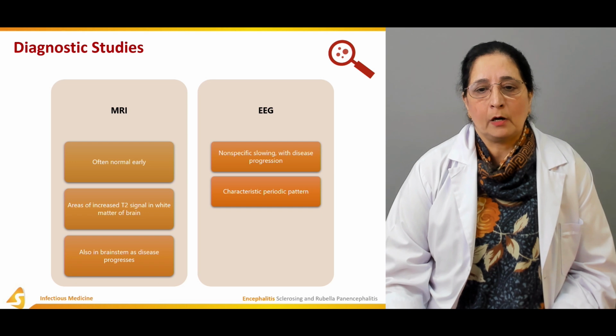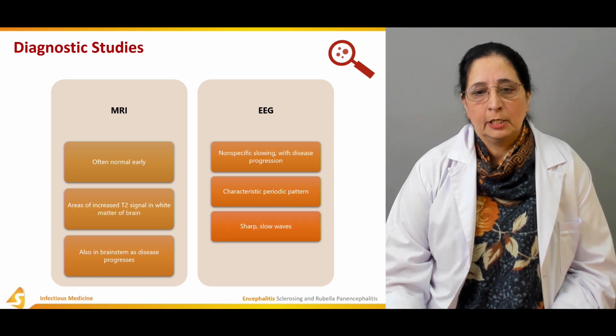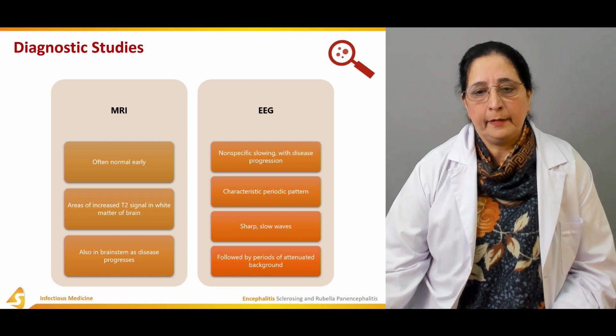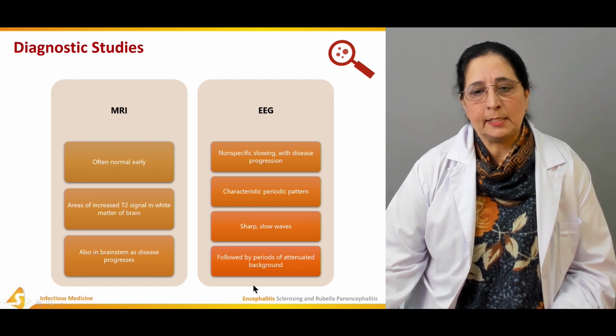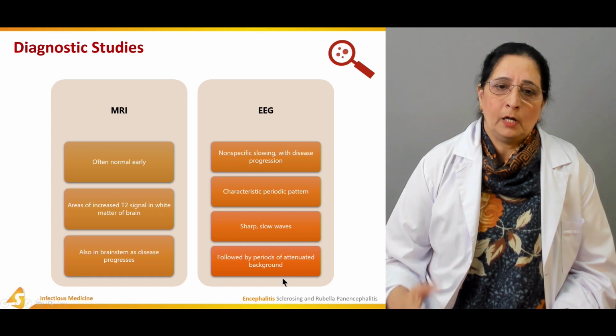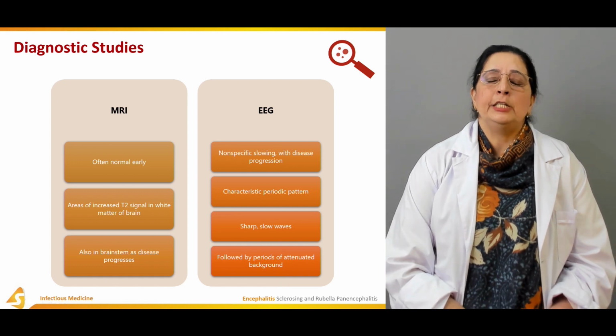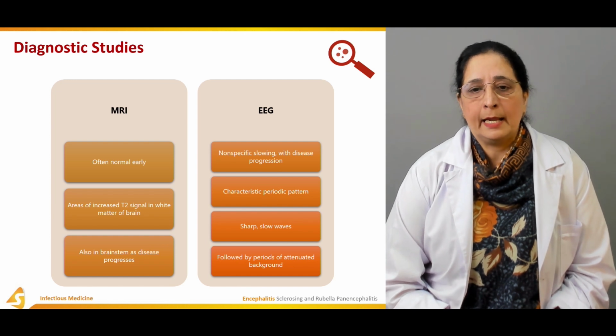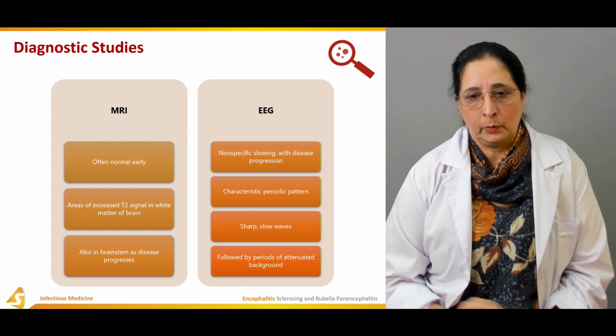Characteristic periodic pattern, sharp, slow waves, followed by periods of attenuated background. So all these are the changes that are present on MRI and electroencephalogram.